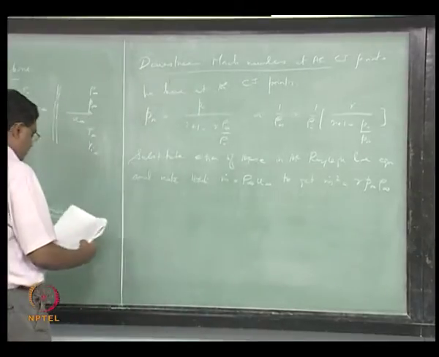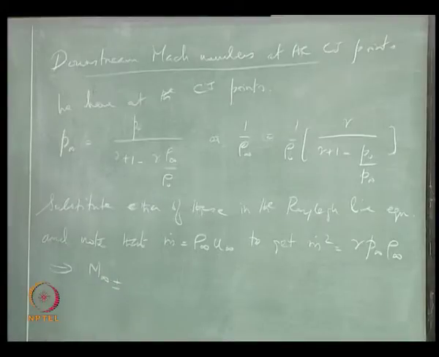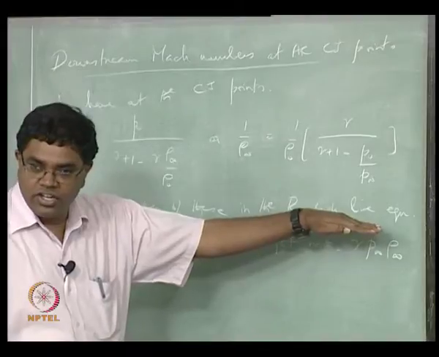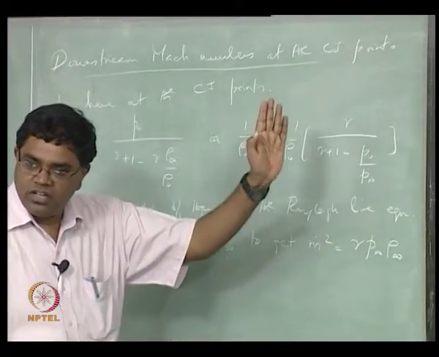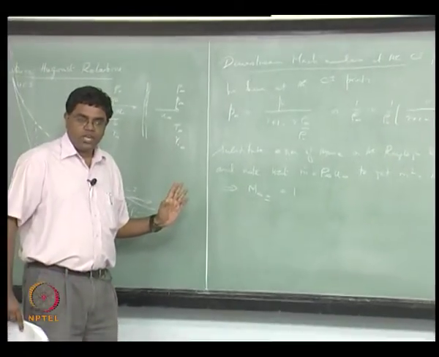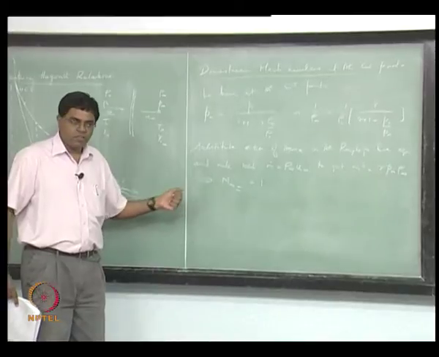So this is simply going to mean that m infinity, plus or minus, equals 1. Now in a mathematical sense this is not surprising, because we plugged this expression in a Rayleigh line which is essentially linear, right. That's just a straight line, therefore we aren't expecting any quadratics. If you don't have a quadratic, then we can't get two solutions, we should get only one solution.